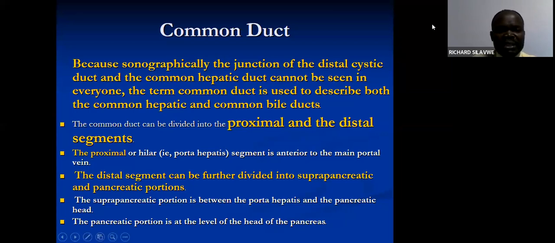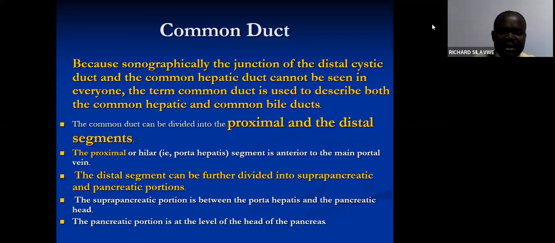The common duct can be divided into the proximal and the distal segment. The proximal or higher up portal-hepatic segment is anterior to the main portal vein. The distal segment can be further divided into suprapancreatic and pancreatic portions.